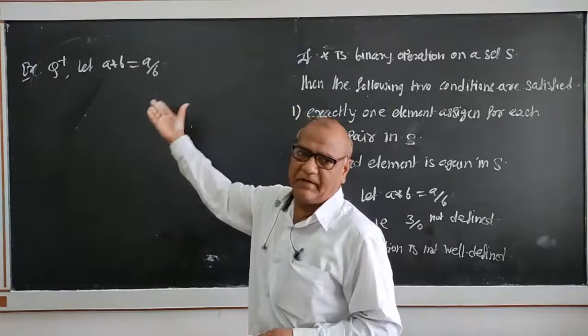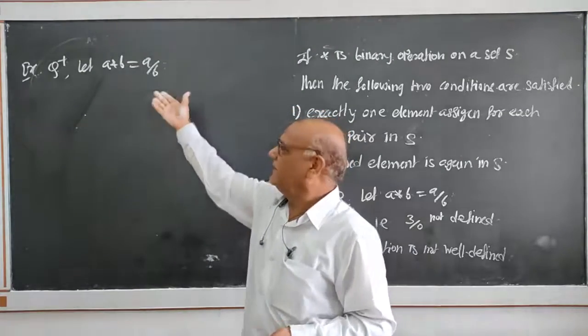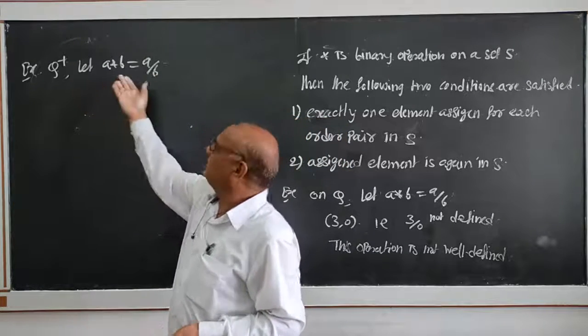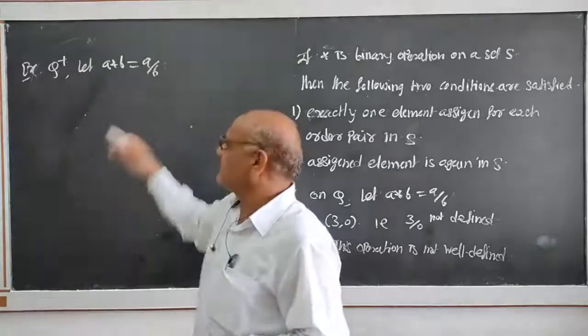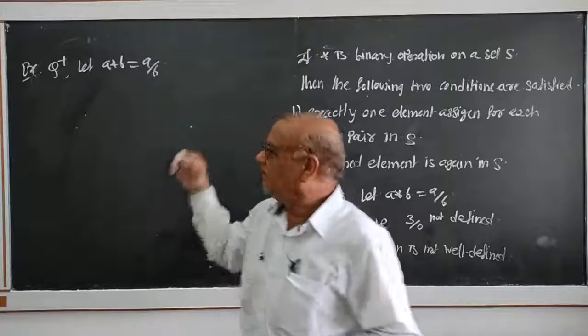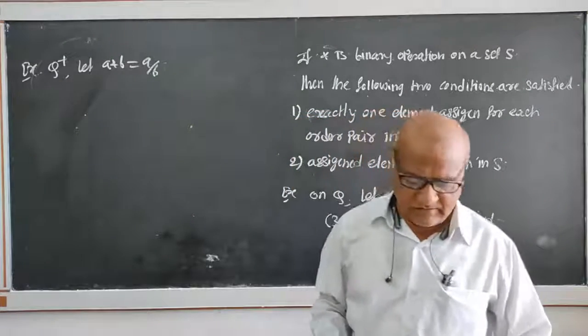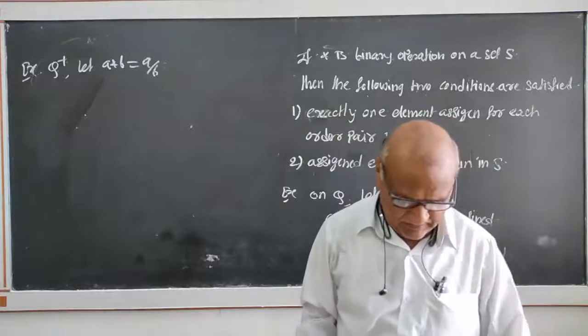That means each ordered pair assigns an element. Here 0 is not present in Q plus, so each ordered pair assigns an element, and this assigned element is again in Q plus, and so it is a binary operation.